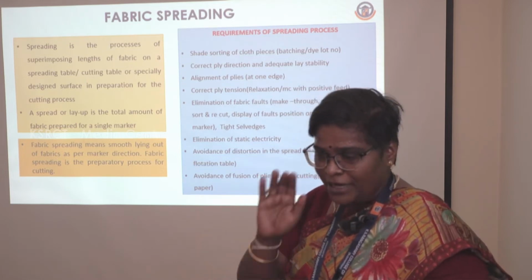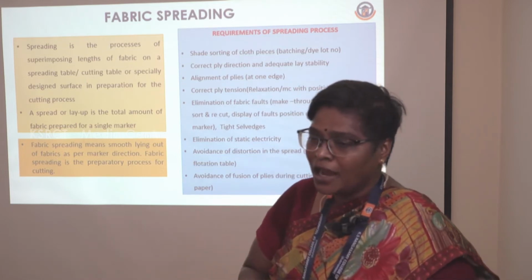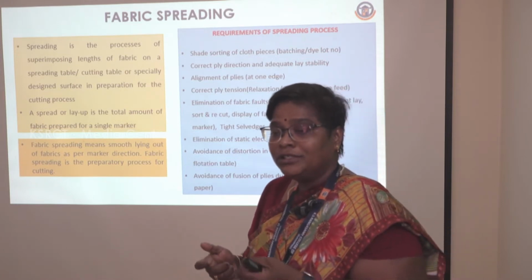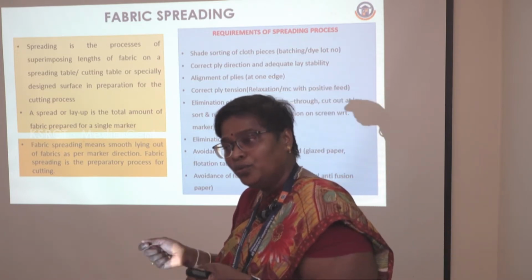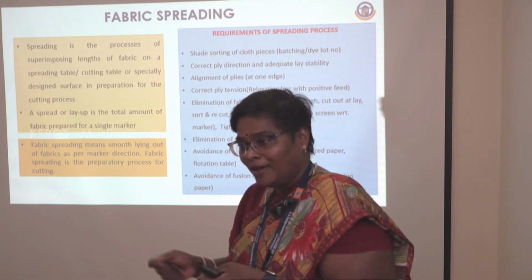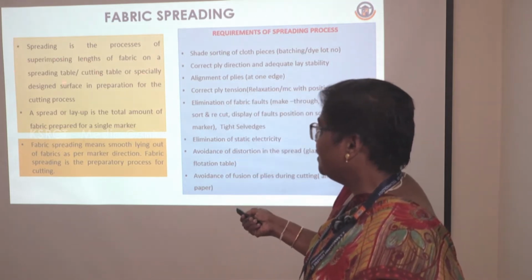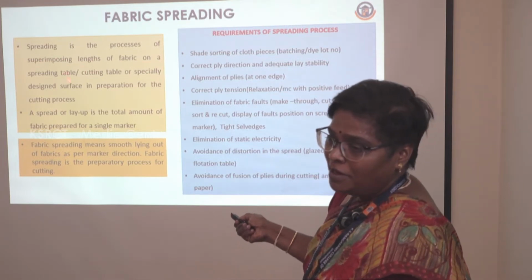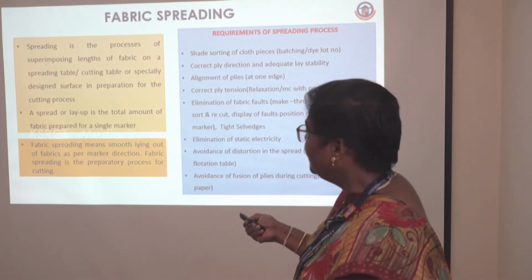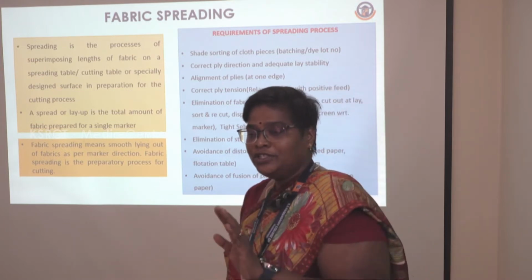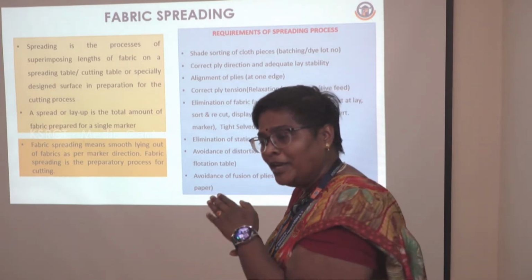Similarly, for spreading a fabric, we use a cardboard on the surface, so that the fabric will not distort or move when we spread it. That's why it's mentioned that it may be a spreading table, or a cutting table, or a specially designed surface for preparation of the cutting process. Such tables will be used for spreading a length.